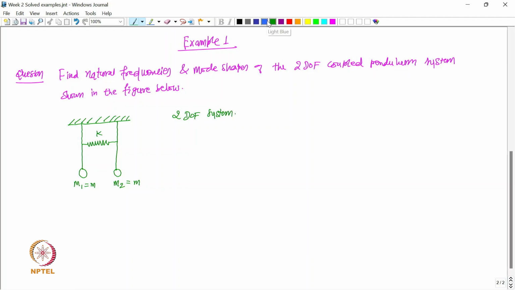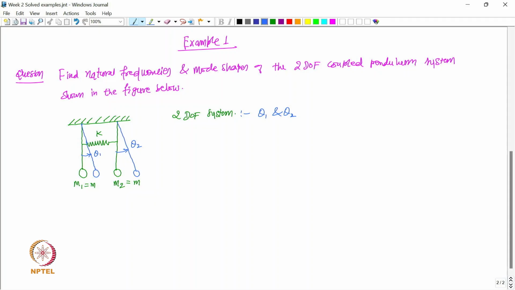If I consider the displacement of the pendulums, this pendulum may displace like this, and this pendulum like this. This is theta 1 and this is theta 2. So the 2 degrees of freedom are theta 1 and theta 2. Two coordinates are required to specify the displaced configuration of this system.